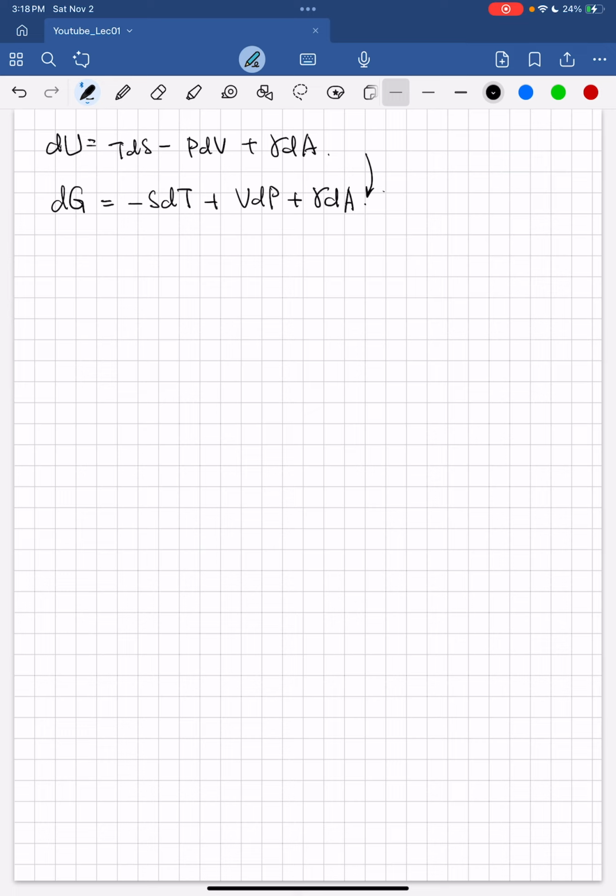You can easily derive this because G is H minus TS, which equals U plus PV minus TS, and dG is... so you combine these parts.